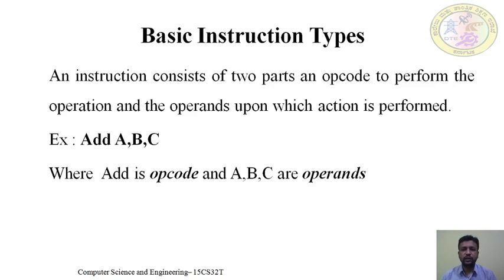Basic instruction types. An instruction consists of two parts: an opcode to perform the operation and the operands upon which the action is performed. One is the operation code, that is opcode.